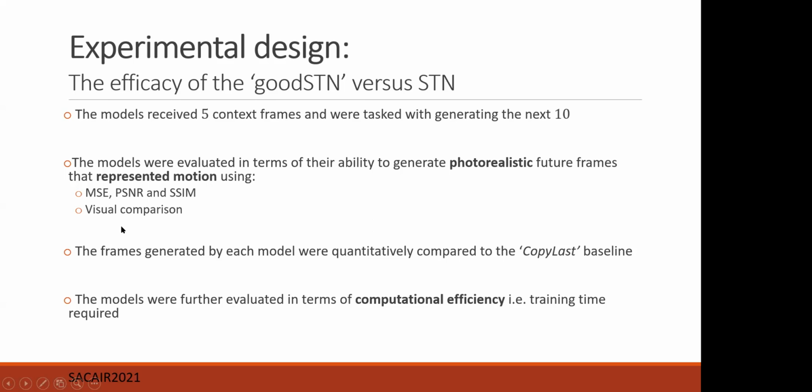The frames generated were then compared to a baseline of copy last, which is basically just the last frame of the input copied over and over again to fill up the future sequence of frames. The models were further evaluated in terms of their computational efficiency, namely the training time required for each model.